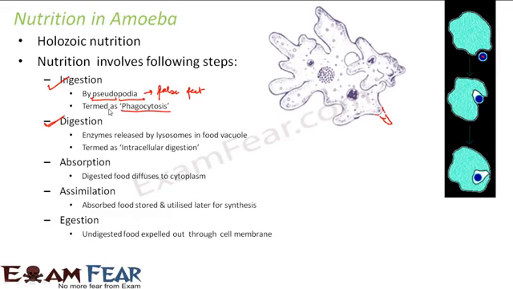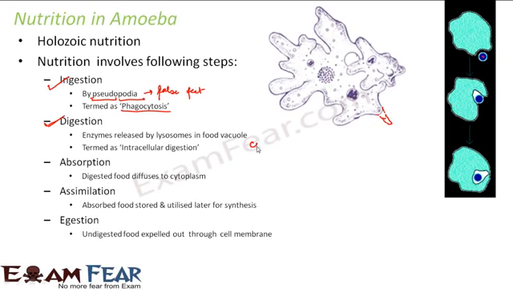In our lesson on the cell, we saw that lysosomes are cell organelles which are also known as suicidal bags because they release enzymes which break down the cell itself. The enzymes released by the lysosomes in the food vacuole will help in converting the complex food into a simpler form.